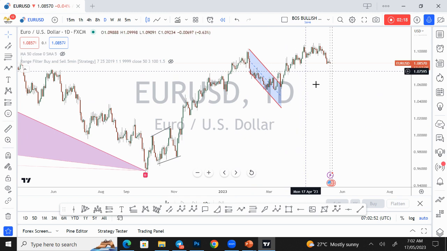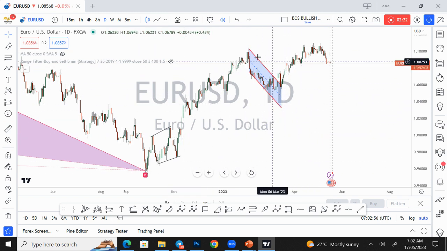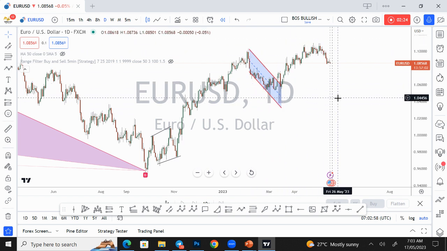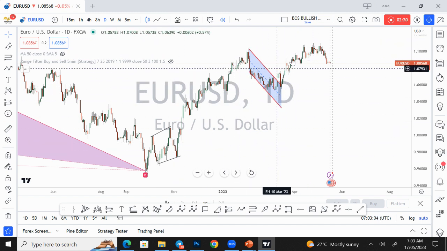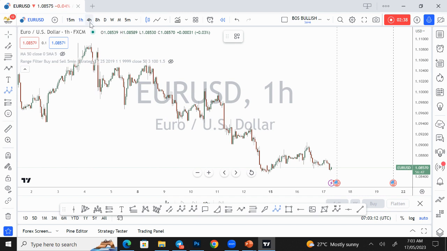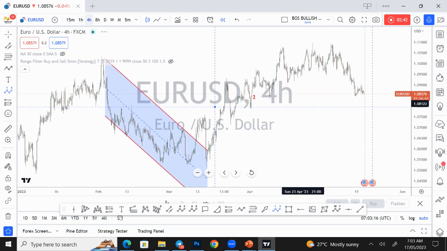So what we can do is now this can be an A, so it can be a flat formation and continue for the last wave, or it can just come and mitigate, or this can be the 5 waves completing. So it depends on how it's going to play out. Let's go to the lower time frame to see what happened at that current situation.